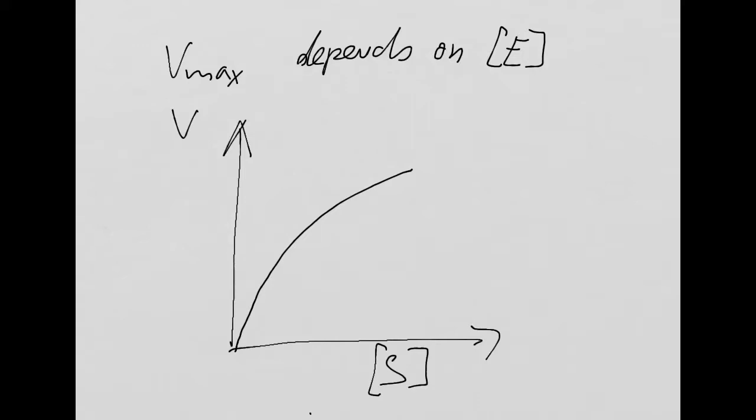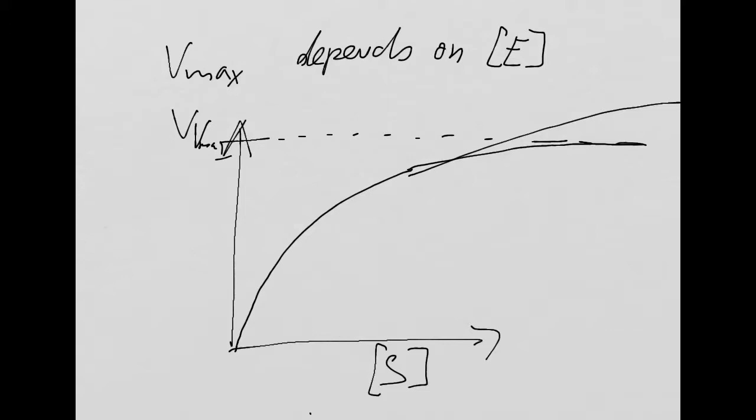Let's see if we find Vmax. Could it be like that? So Vmax would be here. But it could also be that it still goes on and on and on. Then Vmax would be higher up.